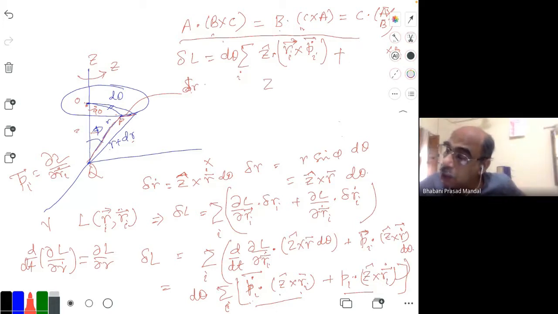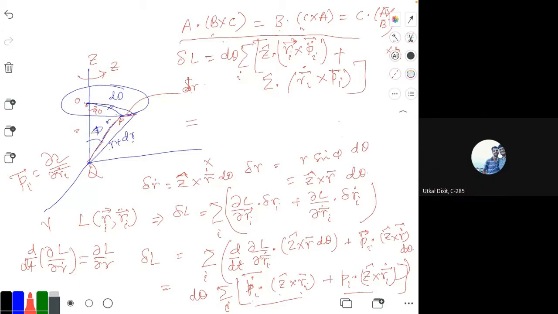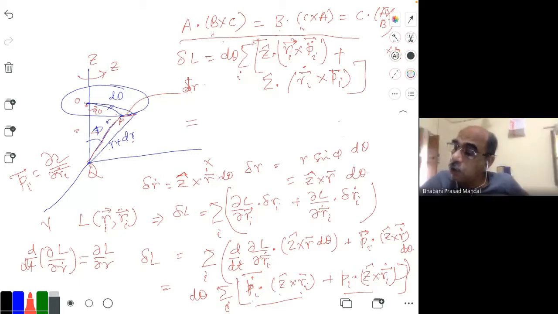Plus z unit vector dot z unit vector ri dot cross pi. This is everything inside the sum over i. Now z you can also take outside the sum because z has no i.